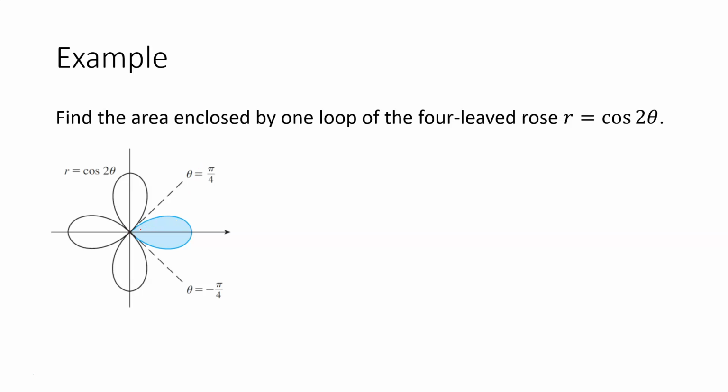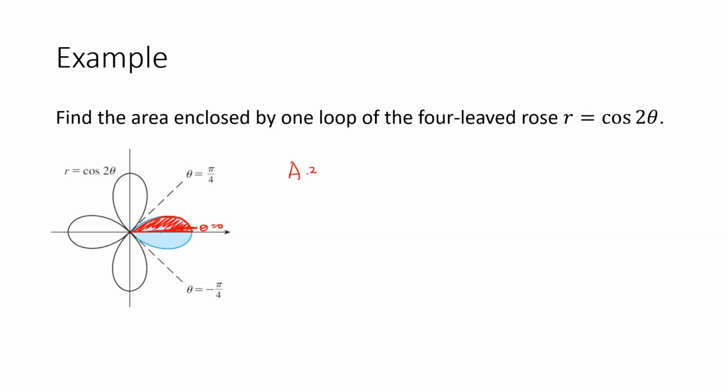However, we can also observe that there's some symmetry that perhaps we can exploit. For instance, I noticed that the region that we're looking for is really twice the region from 0 to pi over 4. So going from theta equals 0 on one end to theta equals pi over 4 on the other end, we get half of the region that we're looking for.